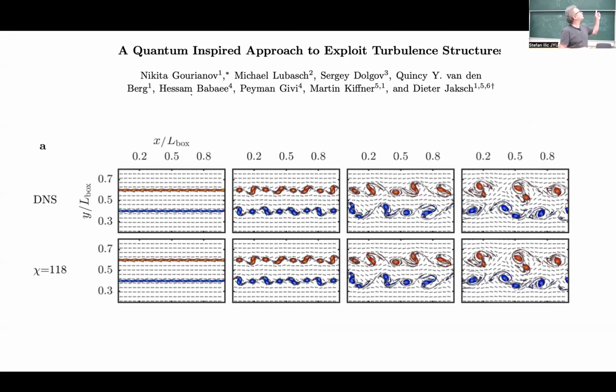So for instance, if you want to do turbulence, one of the problems you will be interested in is to solve the equations of a flow excluding the wing of the plane.